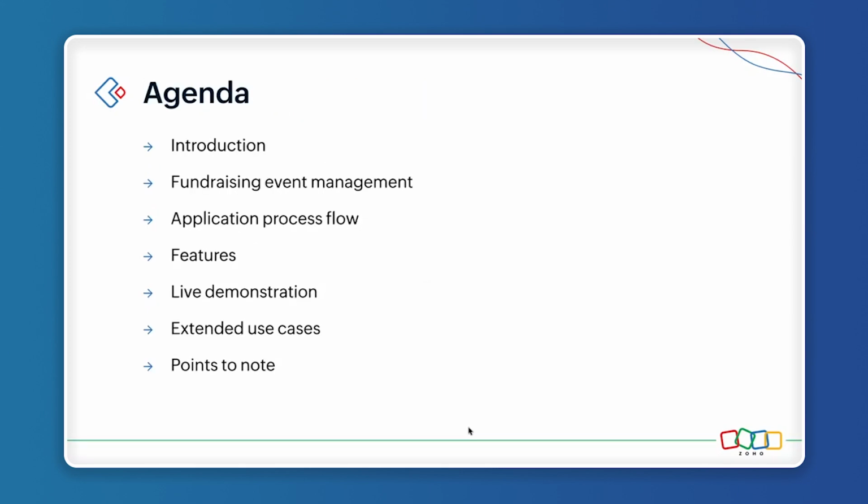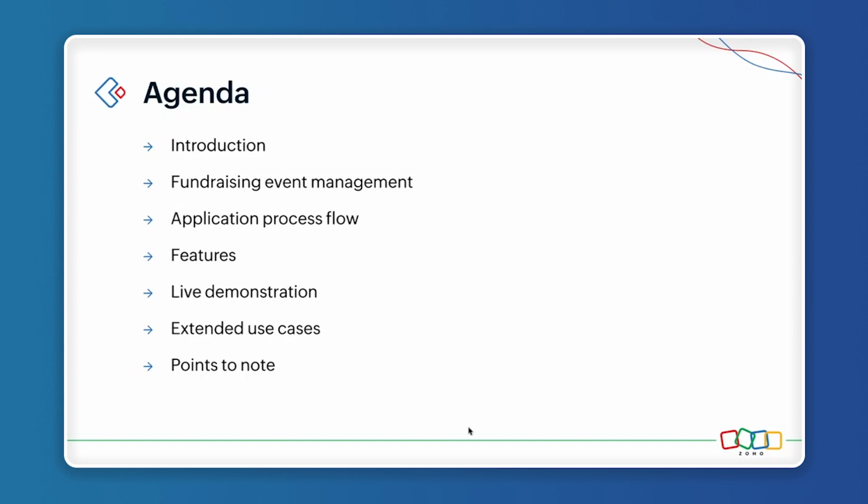So now let's move on to the actual part of the session. This is the structure with which we will be driving you throughout the session. First, I'll give a quick introduction about what Zoho Creator is, and then we have a process called fundraising event management. This is one of the major processes in the non-profit industry, and we have built an application on top of Creator to automate this fundraising event management.